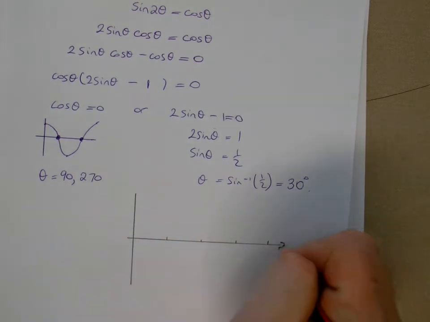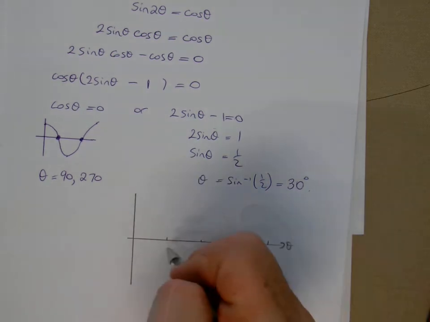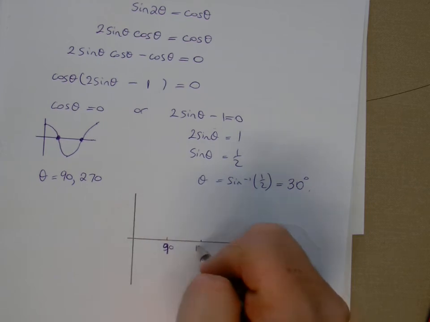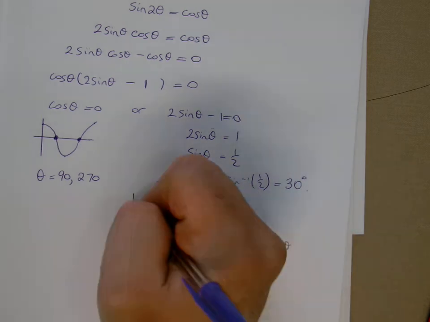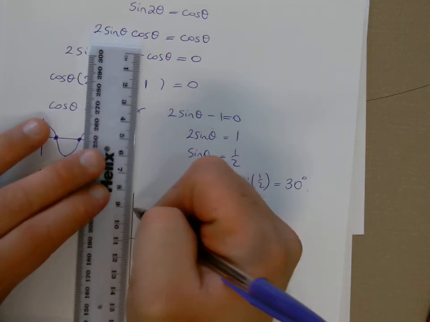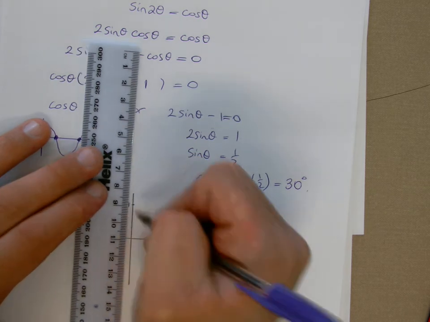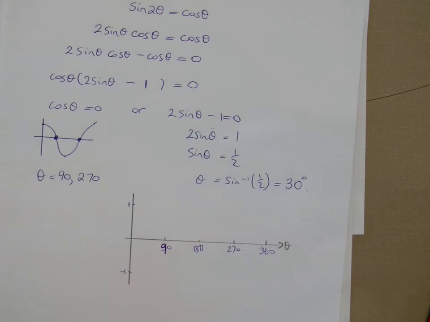And I only need to go to 360, so put 90 there, 180 here, 270 there, 360, and we put 1 up here. Let's try and measure this out so it's accurate, so it's 2 centimeters height for 1, and then 2 centimeters down, minus 1.